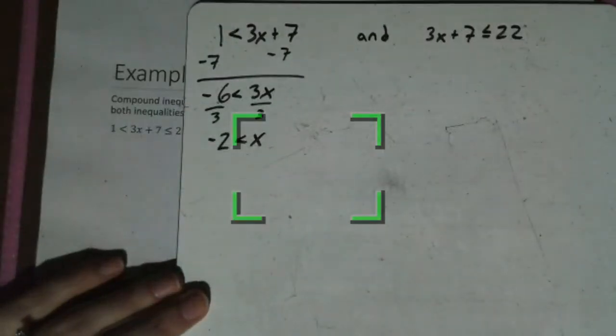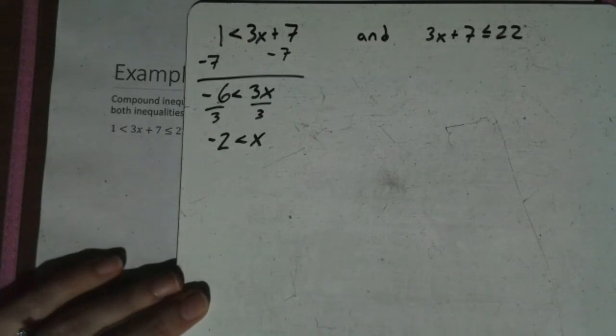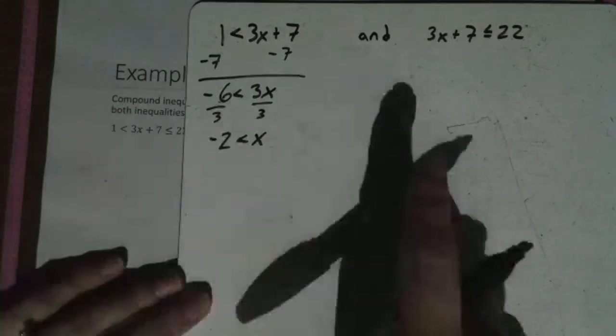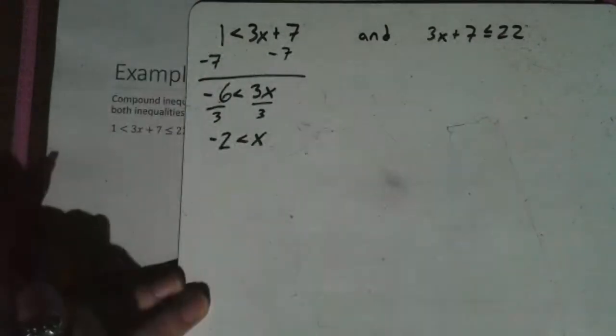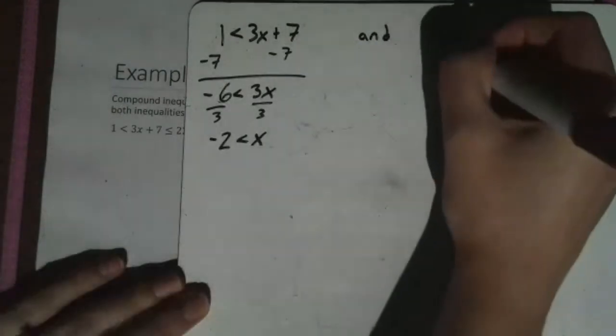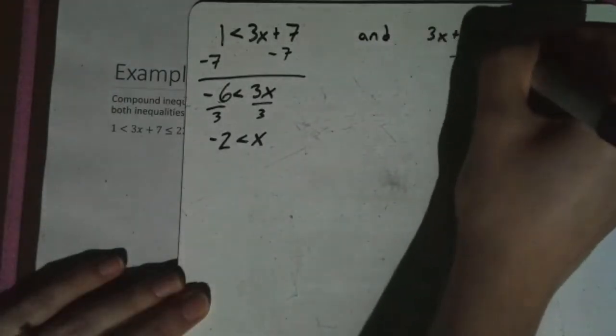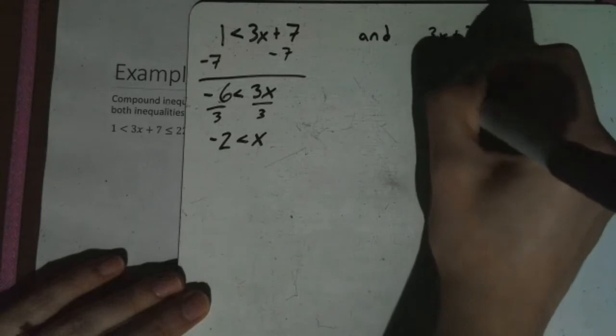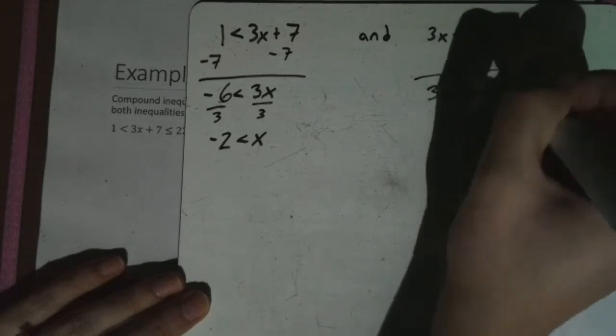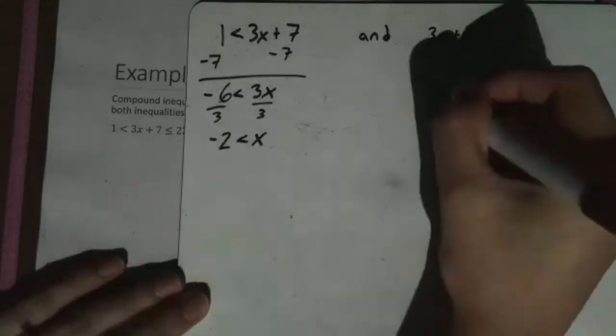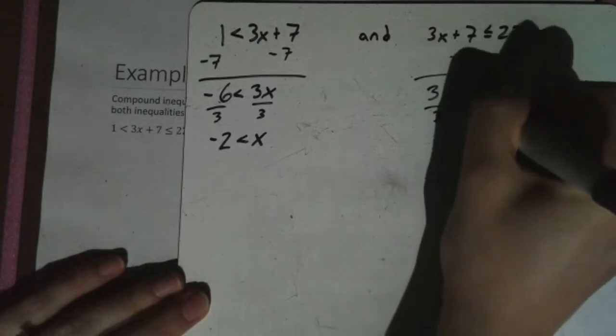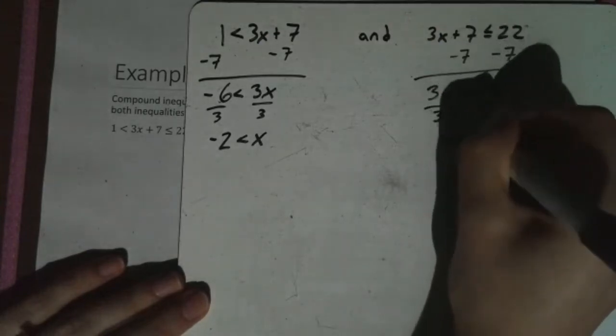Now I normally would flip this so that x is on the left, but I'm going to hold on that. You'll see why in just a second. Over here we have 3x plus 7 is less than or equal to 22. If I subtract 7 from both sides, we'll have 3x is less than or equal to 15. So if I divide both sides by 3, we get x is less than or equal to 5.